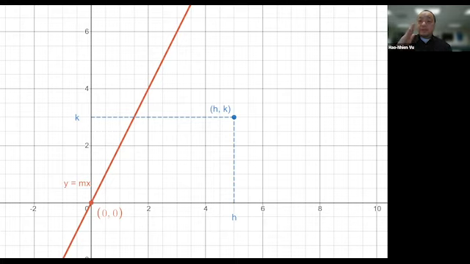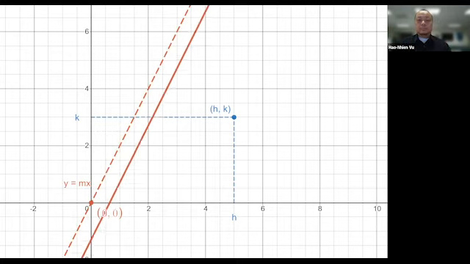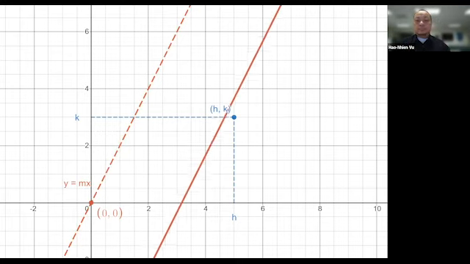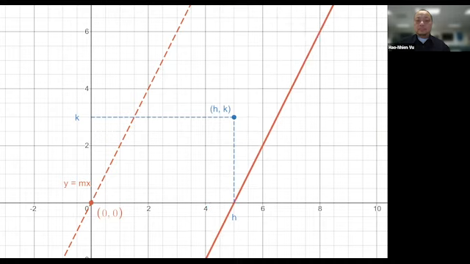I want the red line to go from 0, 0, shift over to where x is no longer 0, that x is now h. This is a horizontal shift for x from 0 to h. So that means I need to replace x with x minus h.